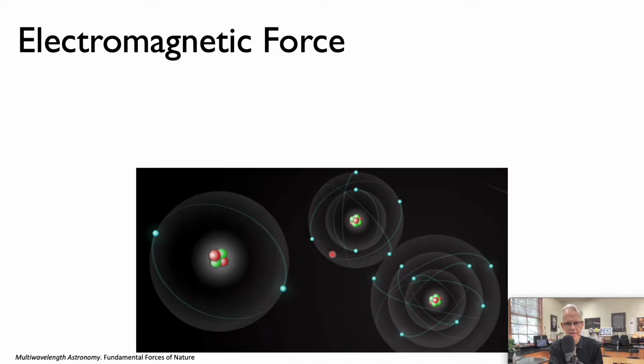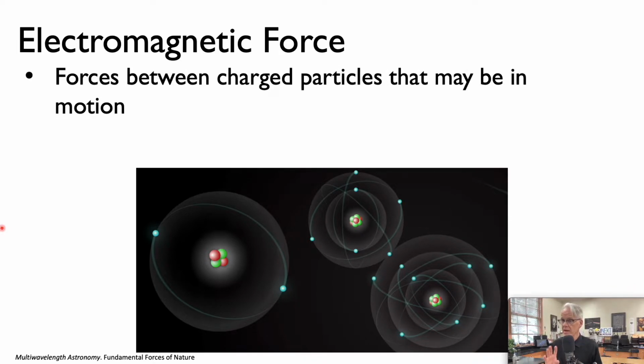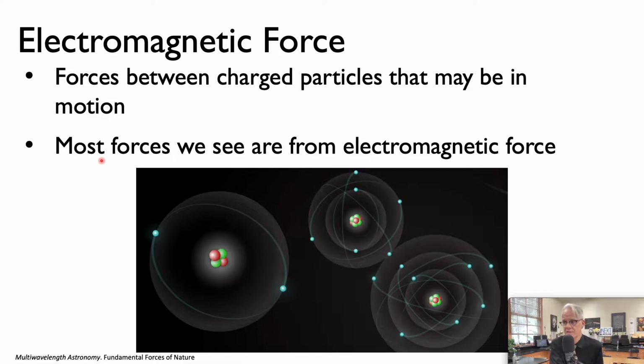If you look at the atoms, let's say holding an object in your hand, it involves the outer electrons of the atoms of your hand being repulsed by the outer electrons of the object. So to summarize, the electromagnetic force is a force between charged particles that may be in motion, and most forces that we see are from the electromagnetic force.